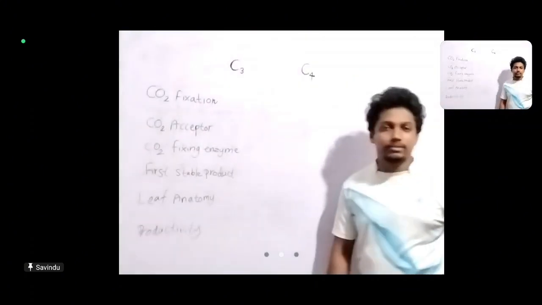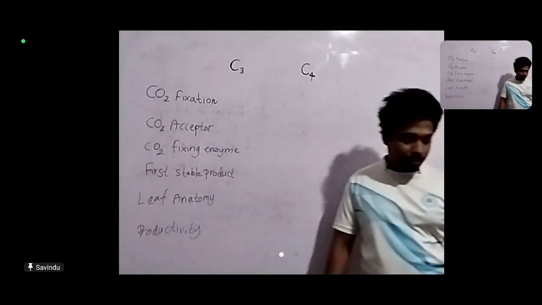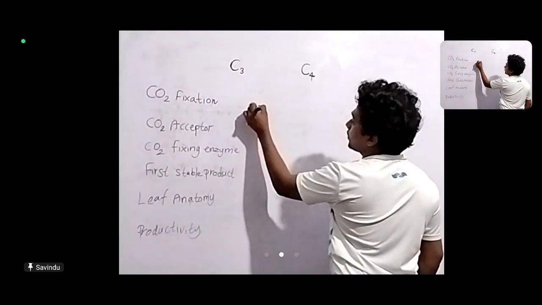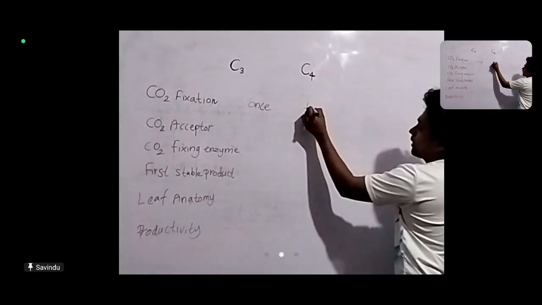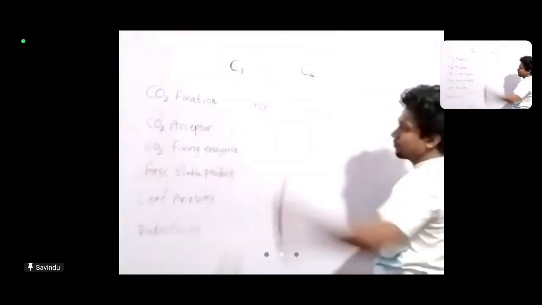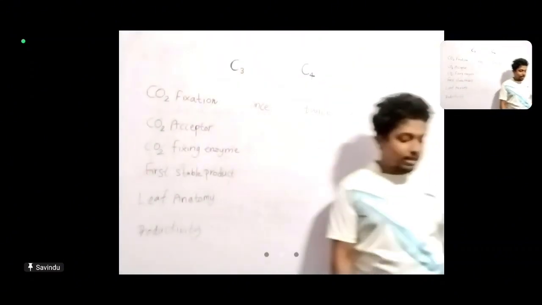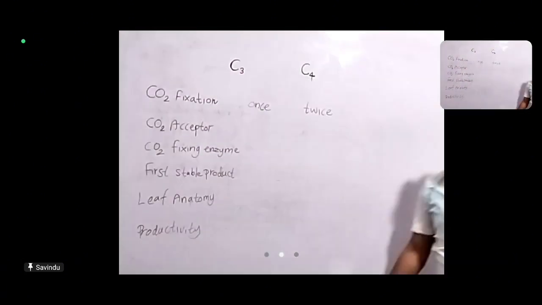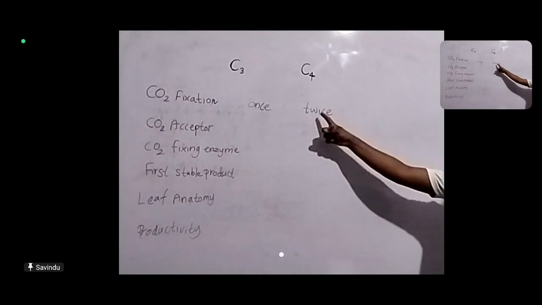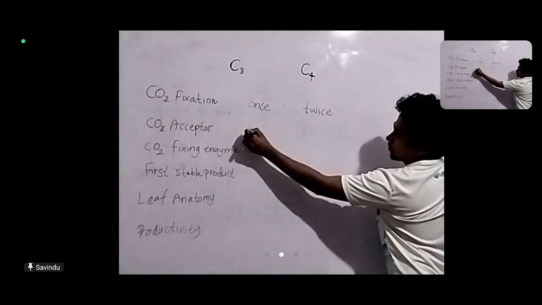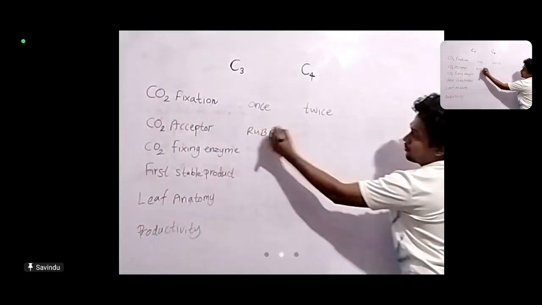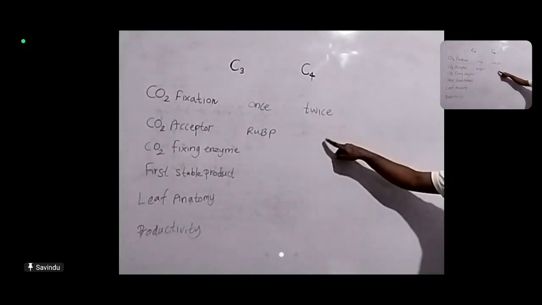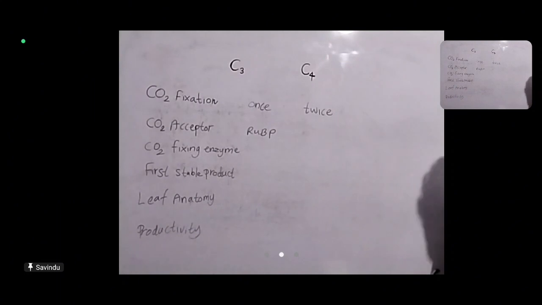First, carbon dioxide fixation occurs once in C3, but here twice. The carbon dioxide acceptor in C3 is RuBP. In C4 there are two. First PEP, then RuBP.